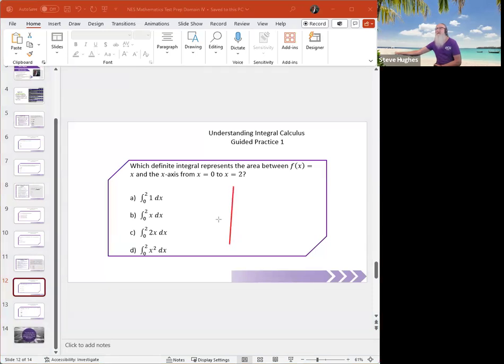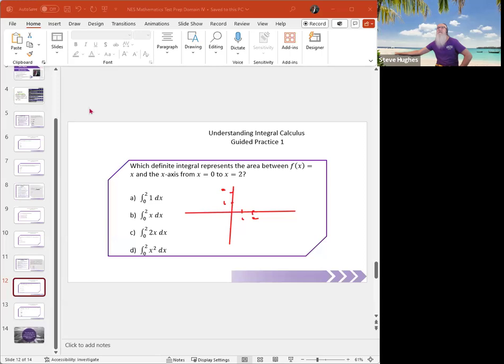So let's draw our x-axis. All right, let's give ourselves a couple of tick marks. 1, 2, 1, 2. All right, and it says x goes from 0 to 2.